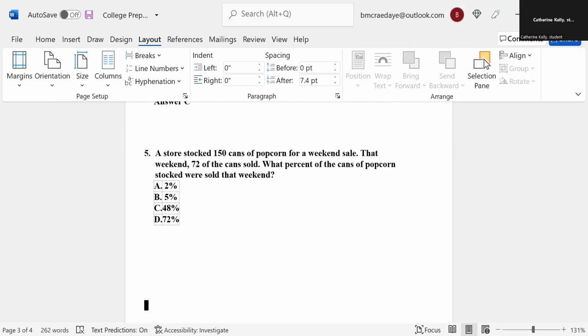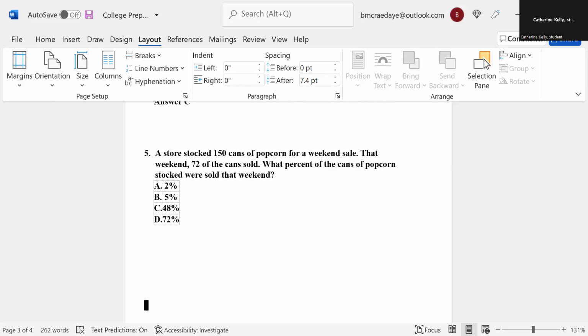72%. Are you getting 72? If it's 72, so that weekend, 72 of the cans were sold. What percentage of the cans of popcorn stock was sold that weekend? Percent would be how much you sold divided by what you started with. 150.